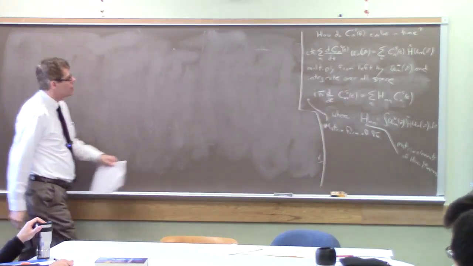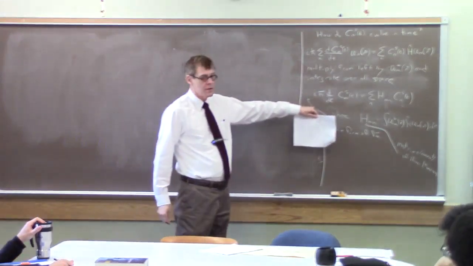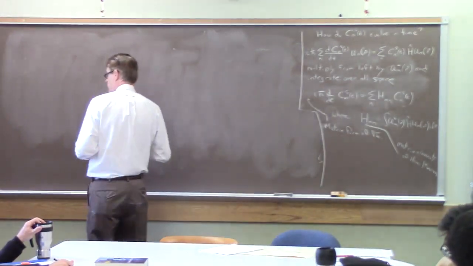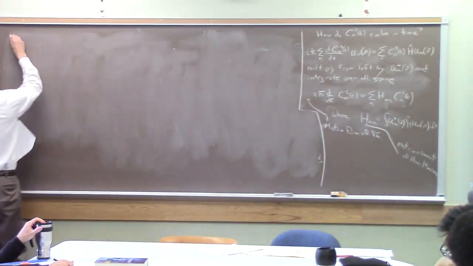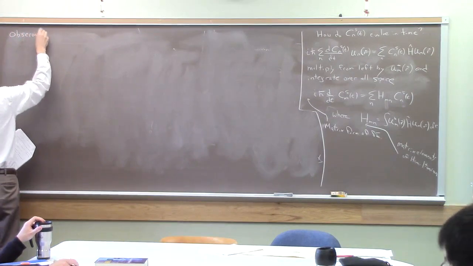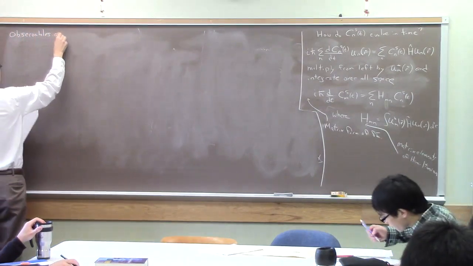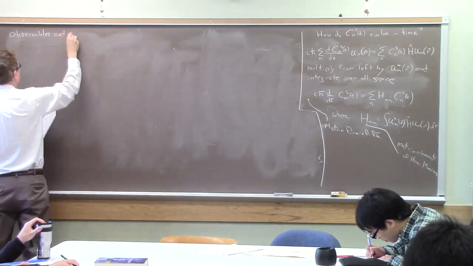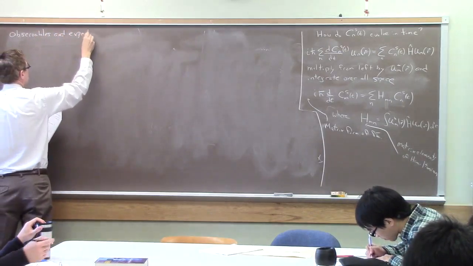Okay, so we know how the expansion coefficients evolve in time, but now let's talk about observables and expectation values.